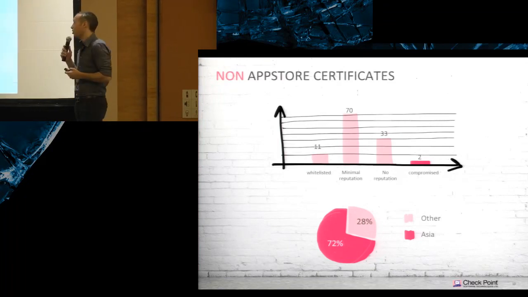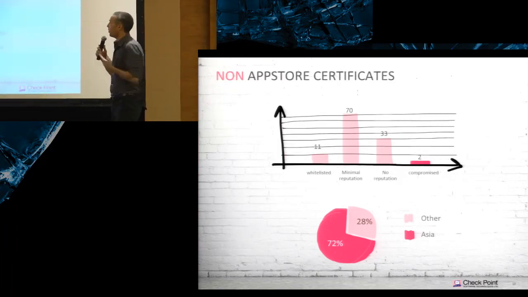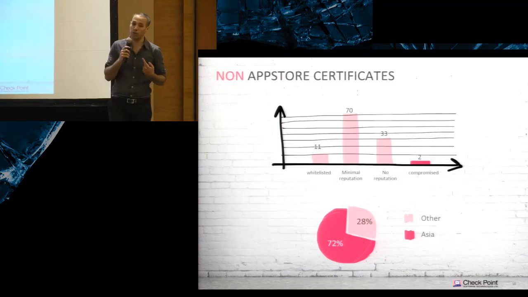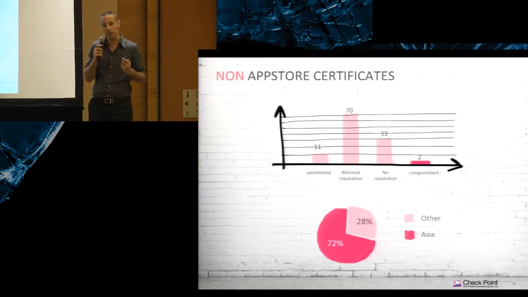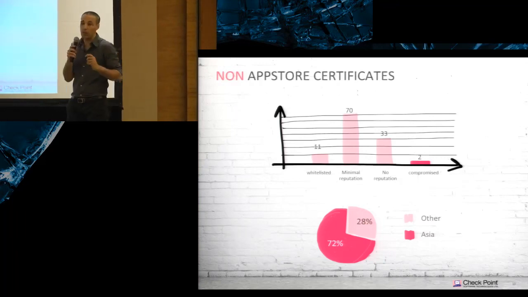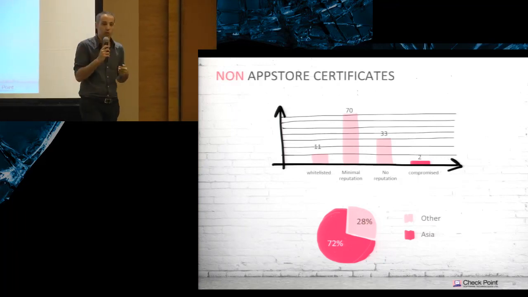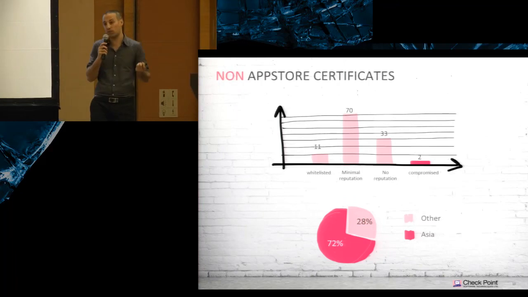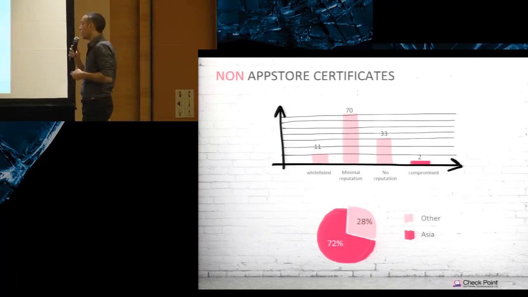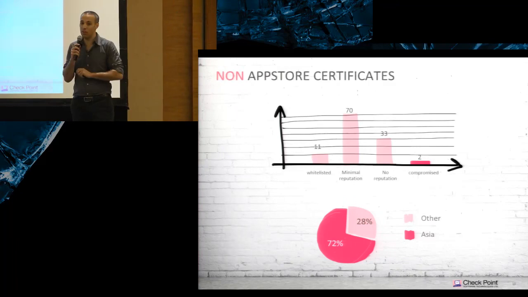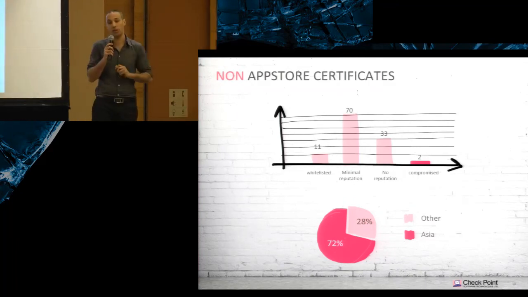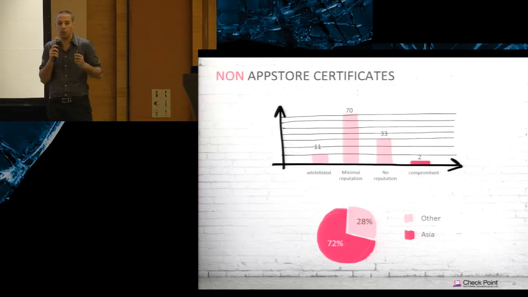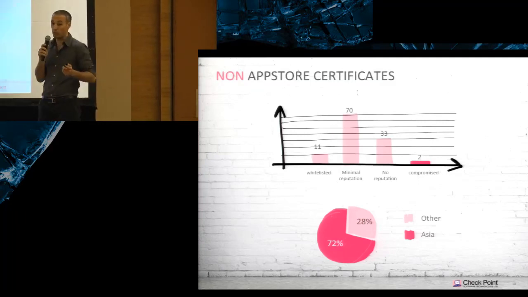And this is a legit scenario. 70 of them had minimal reputation, meaning that we could find something on the company and in some cases even understand what they are doing, but it still was strange why they deploy their apps to another company. 33 of them didn't have any reputation at all, meaning that you couldn't find any reference on the internet or other means of who the company is and what they are doing.